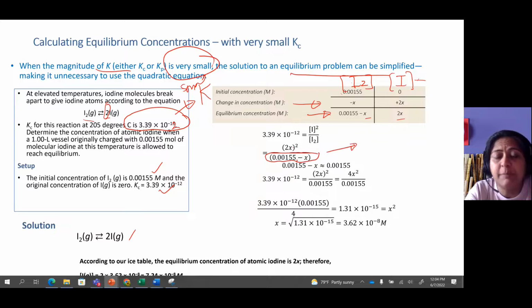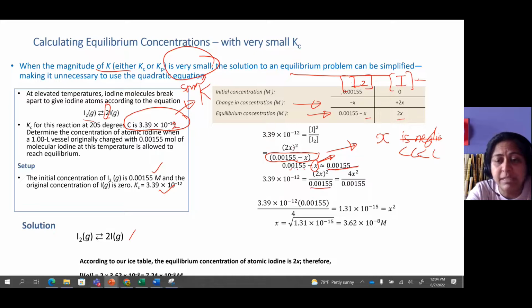Since the equilibrium constant is very small, we assume this X is a negligible value, a very, very small value. Therefore, 0.00155 minus X is approximately equal to 0.00155. We say X is negligible.